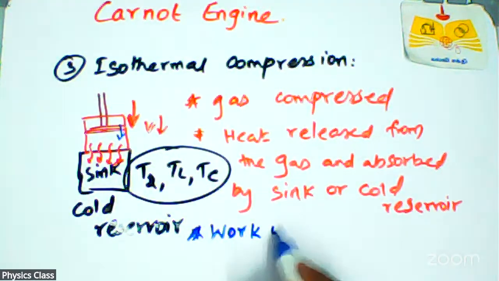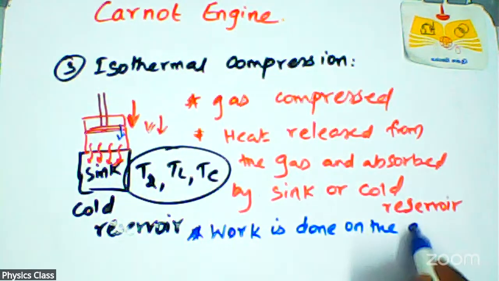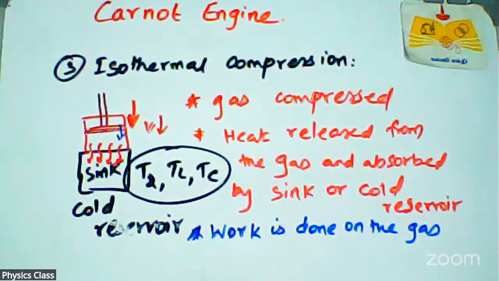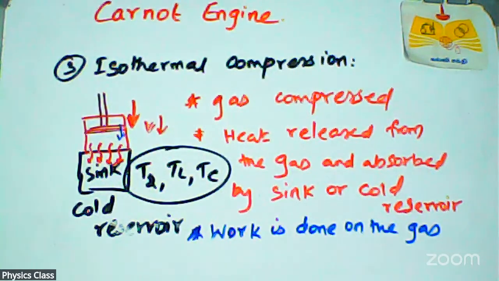Work is done on the gas during this compression. Clear? So the cylinder is placed on the sink or cold reservoir. The gas is compressed isothermally. Volume changes, pressure changes. So work is done on the gas. This is the third stage.